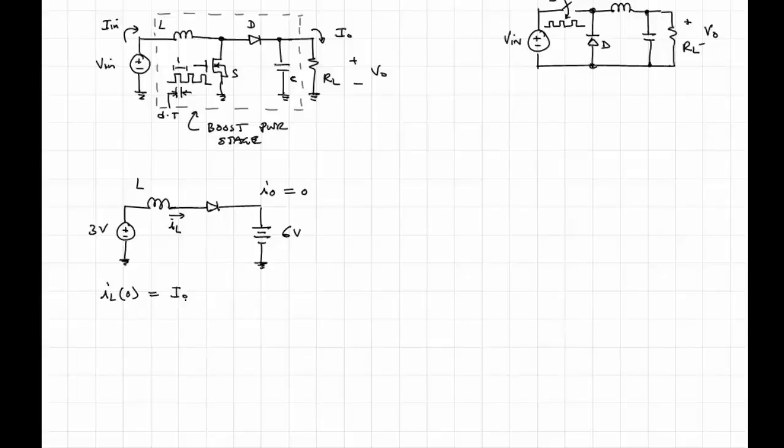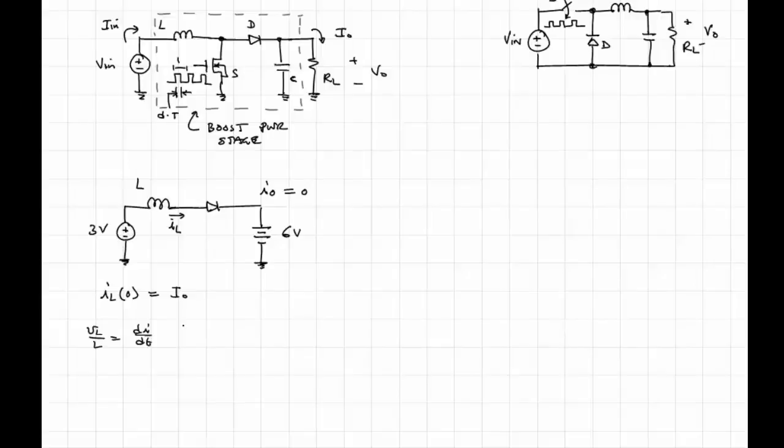Okay. Now if the current is actually positive, remember that for an inductor, the current cannot change in 0 time. We have VL equals L di/dt. In other words, VL over L is equal to di/dt. So all we can say is that we can instantaneously change the rate at which current will increase or decrease in the inductor, but we can't just change it immediately.